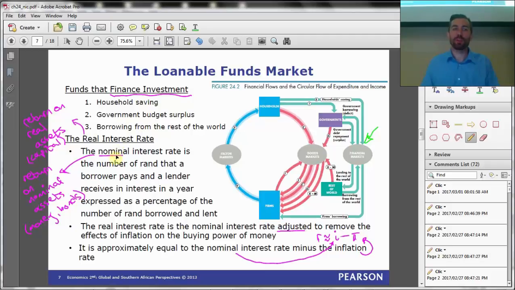The difference between real and nominal interest rates is the same as the difference that we've spoken about previously. A nominal interest rate is the real interest rate plus inflation. Or another way of writing that is to say that the real interest rate is approximately the nominal interest rate minus the inflation rate. Okay? So we adjust the nominal interest rate for the inflation rate to get the real interest rate.